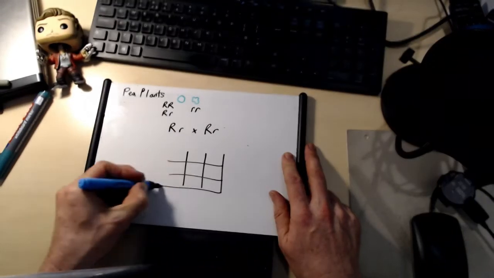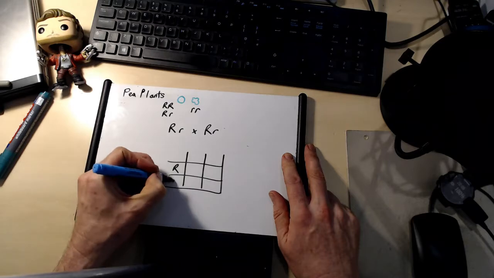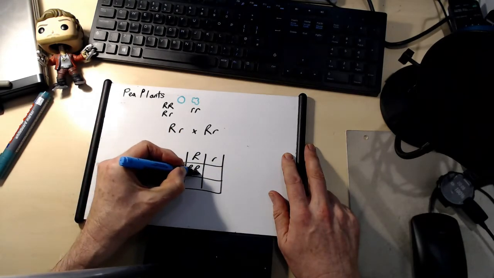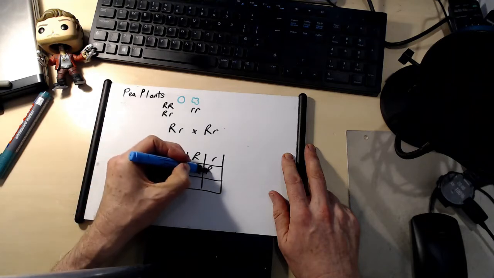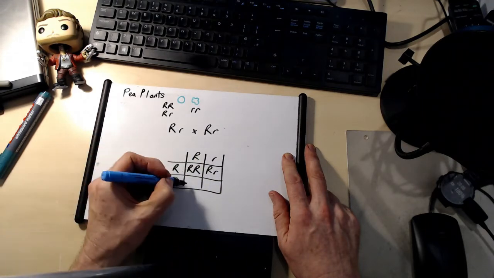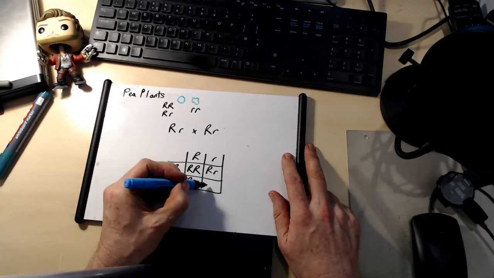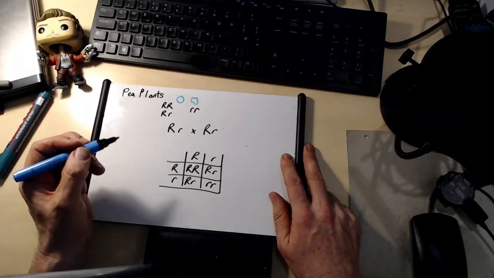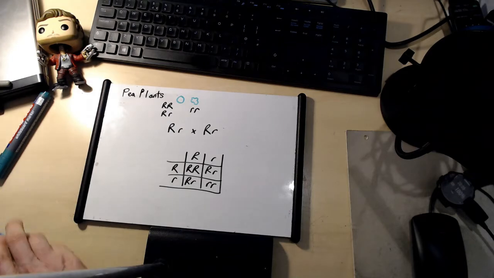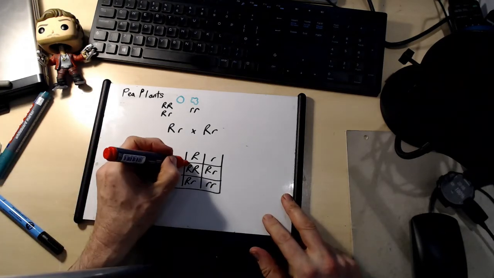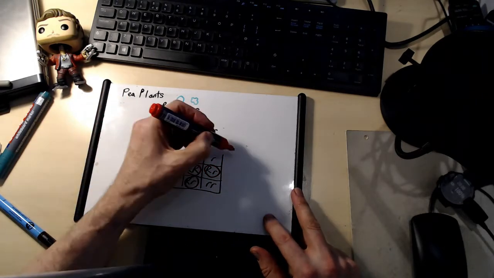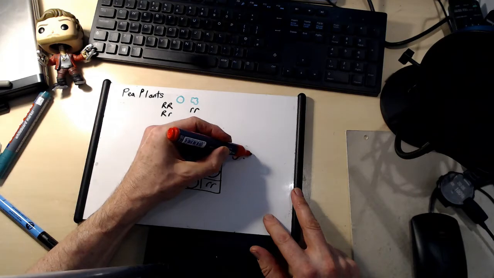So here we go. Big R, little r, big R, little r. In this case you've got a homozygous dominant, two heterozygous dominant, and a homozygous recessive. The cross gives you what we call a 3-to-1 ratio. So you've got 1 round, 2, 3. That is a 3-to-1 ratio.